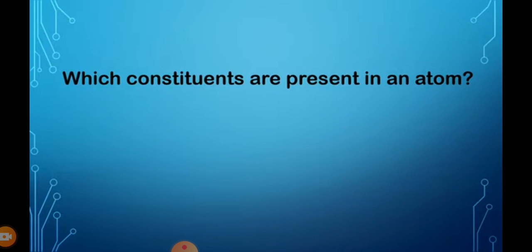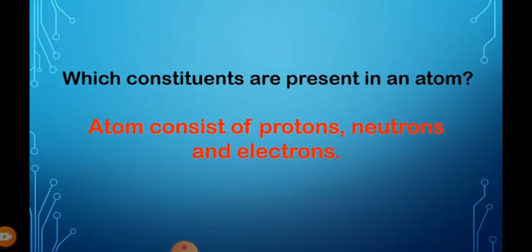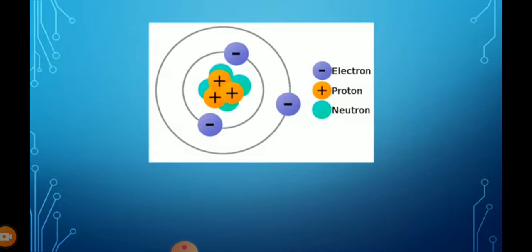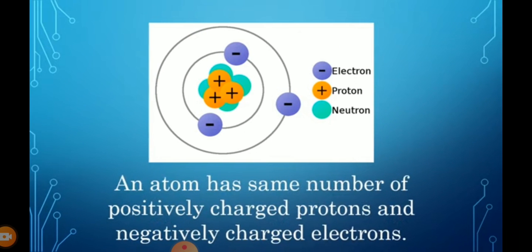Which constituents are present in an atom? An atom consists of protons, neutrons and electrons. An atom has the same number of positively charged protons and negatively charged electrons.